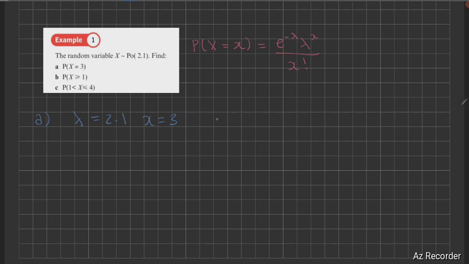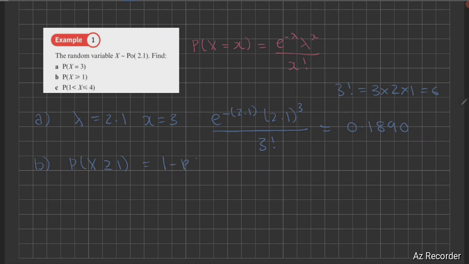If you plug this into the formula, e to the minus 2.1, 2.1 all to the power of 3 over 3 factorial. By the way, 3 factorial is just 3 times 2 times 1, which is 6. We should get the answer as 0.1890.